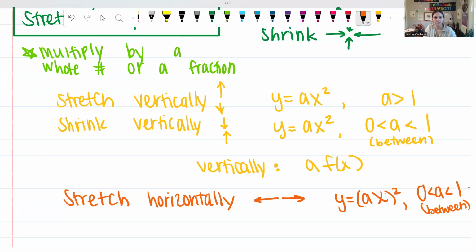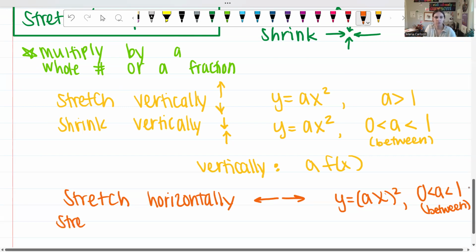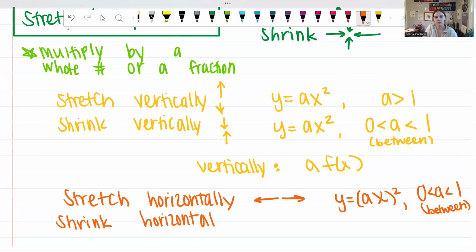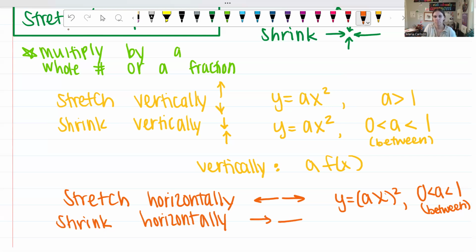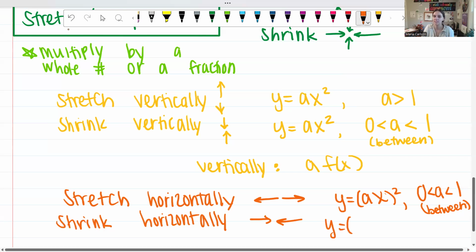If you are wishing to shrink your parabola horizontally, that means from the left and from the right, you are trying to push it in. That is going to happen if you have y is equal to, in parentheses, ax squared, but a is bigger than 1.